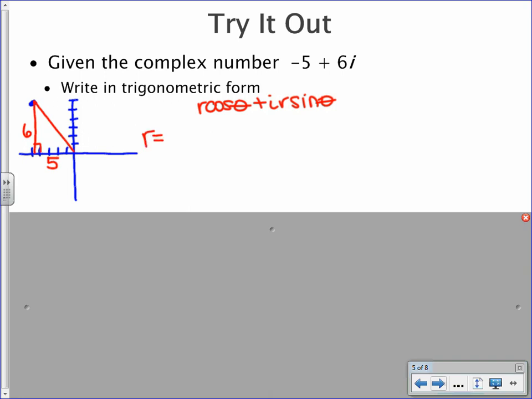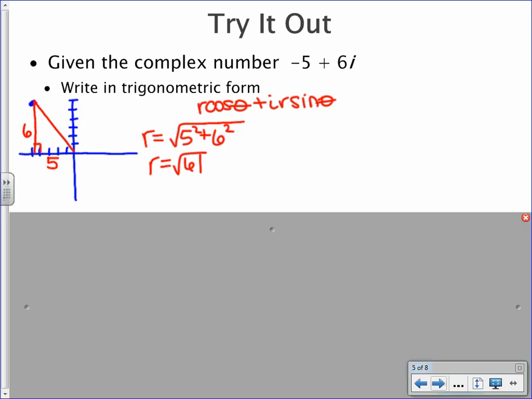How do we find r? Square root of 5 squared plus 6 squared, which is what? Yep, square root of 61. Now we need this angle right here.